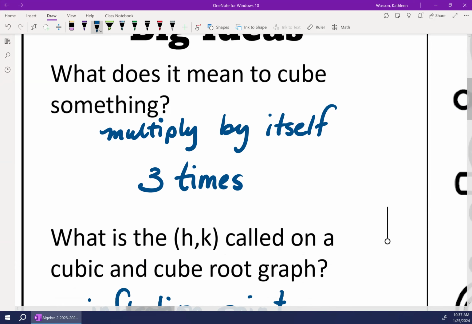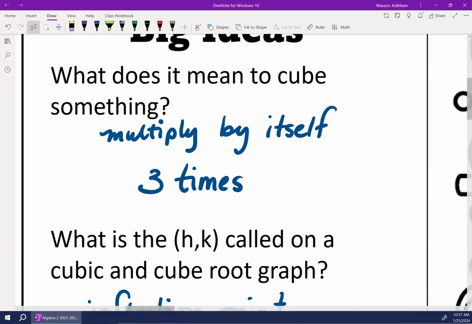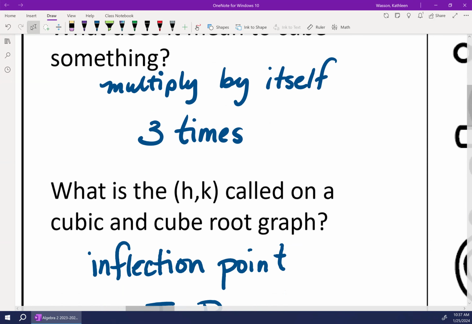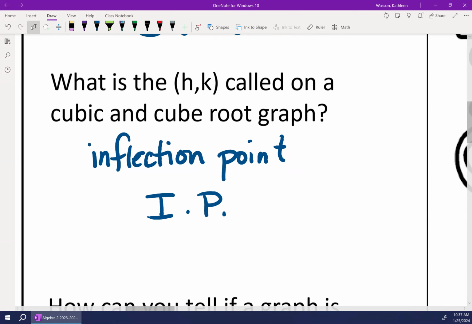Also, HK in our transformation equation is always an important part. For a cubic and a cube root graph, it's called the inflection point, and you can abbreviate that IP.